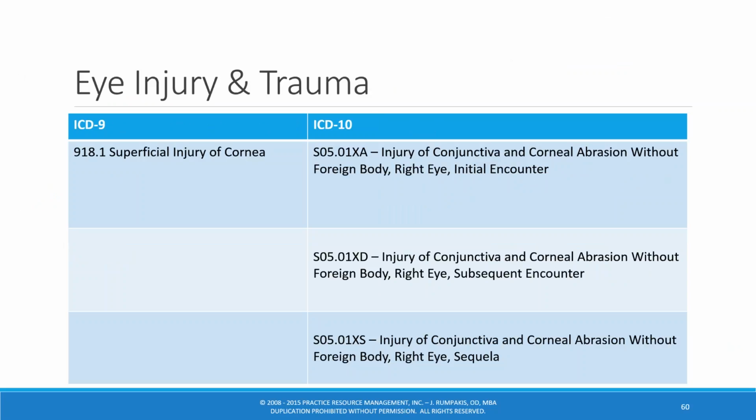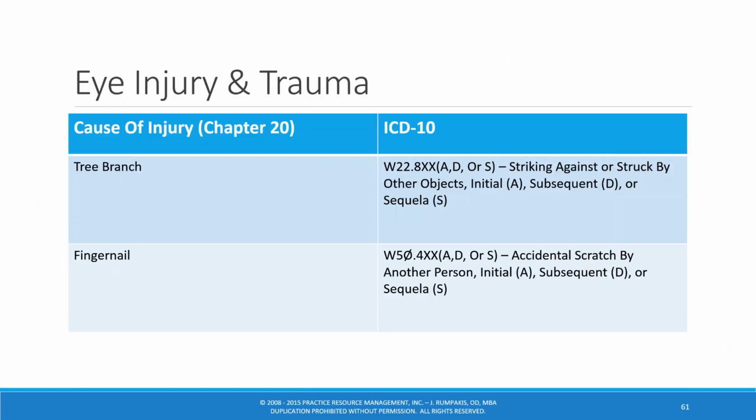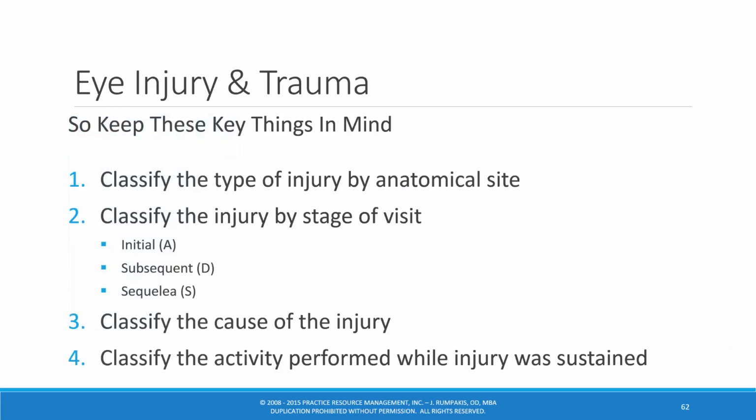So anytime you use an A in the injury, you use an A as the cause of injury as well as the 7th digit. Okay, so again, classify the type of injury by anatomical site, classify the injury by stage of visit, classify the cause of injury, and classify the activity the patient was performing while the injury was sustained.